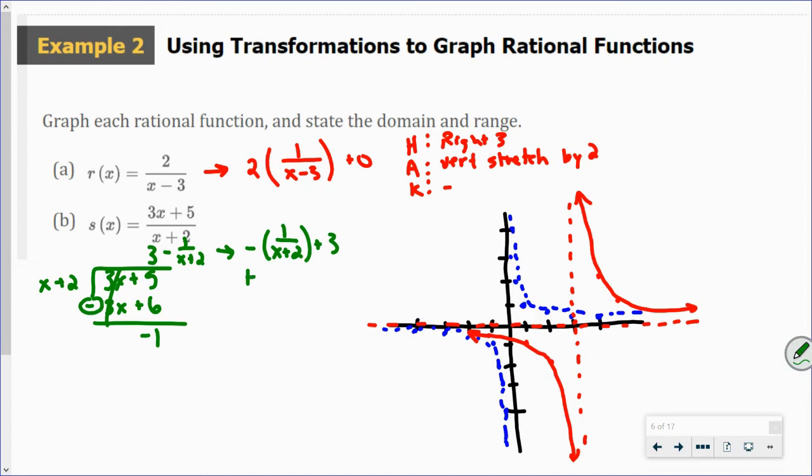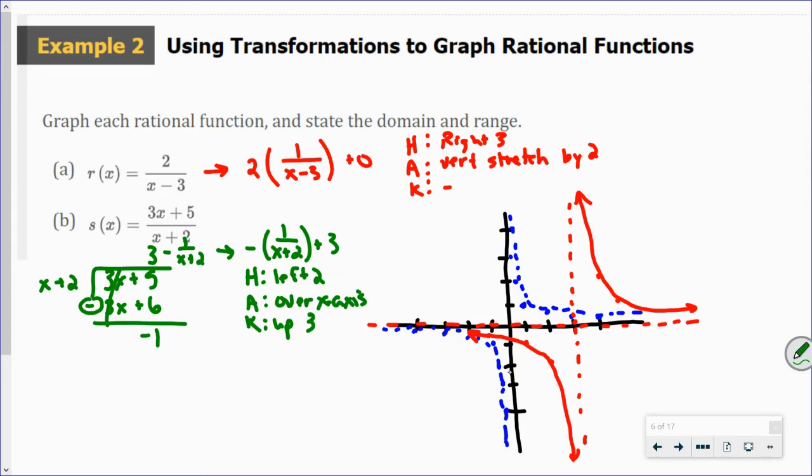Okay, so HAK is telling me to go left 2. I'm going to flip it. This negative says flip it over the x-axis and then up 3. So we can move the asymptotes first.